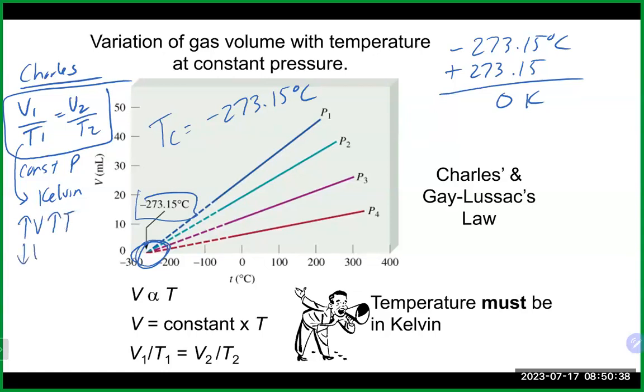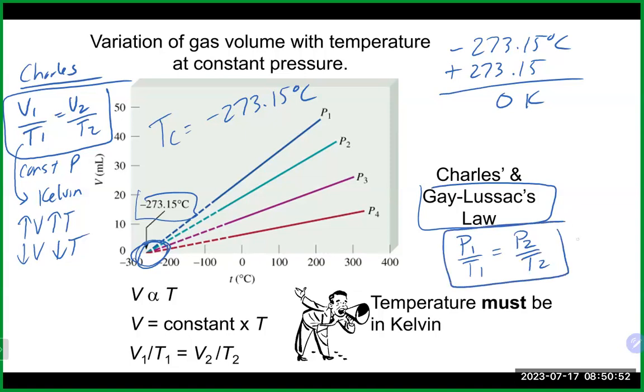And as the volume goes down, so does the temperature in that case. And our Guy Lussac's law over here is the one that deals with the pressure and temperature, which is very similar. P1 over T1 equals P2 over T2. This is at constant volume. And again here, temperature needs to be in Kelvin on both sides. And pretty much any gas law that you have needs to be in Kelvin.